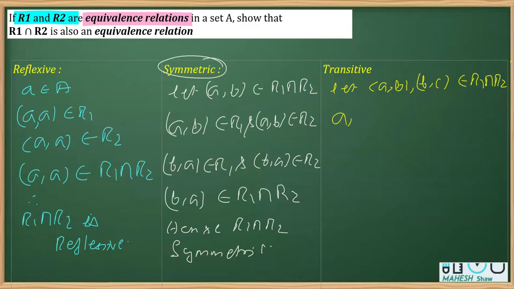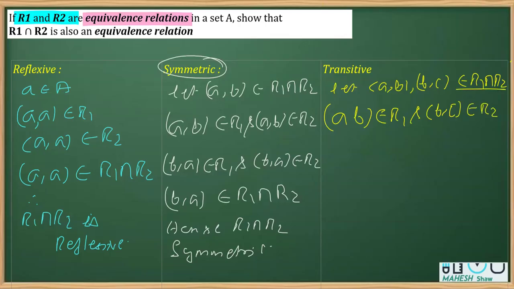So it means if (a, b), (b, c) is present in the intersection of R1 and R2, it must be present in R1, and this (b, c) must also be present in R2.